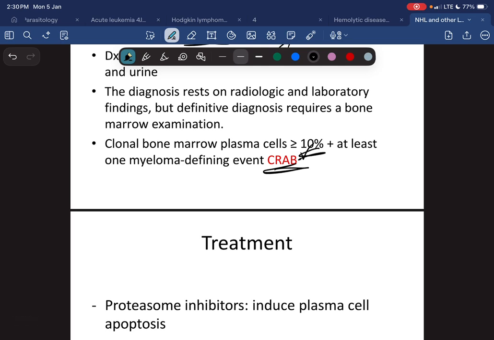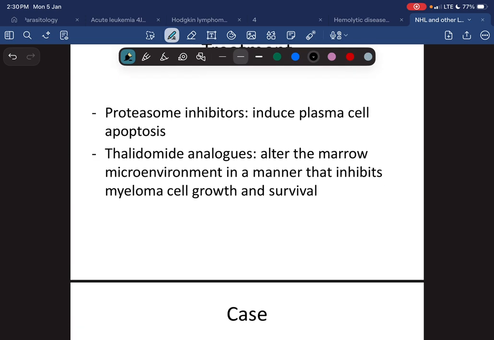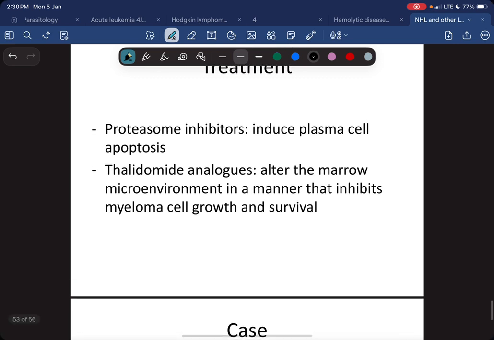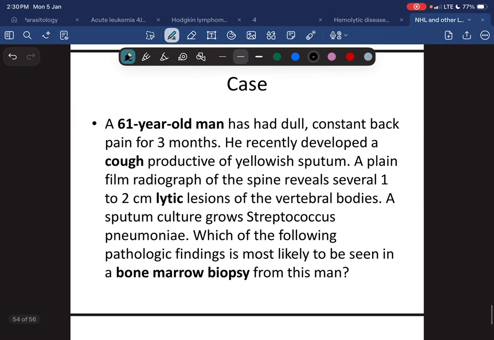More than 13%, it is a definitive diagnosis. We have a plasma cell neoplasm infiltrating the bone marrow. Okay? Regarding treatment, we have proteasome inhibitors inducing plasma cell apoptosis, and thalidomide analogs as well that alter the marrow microenvironment, inhibiting myeloma cell growth and survival.